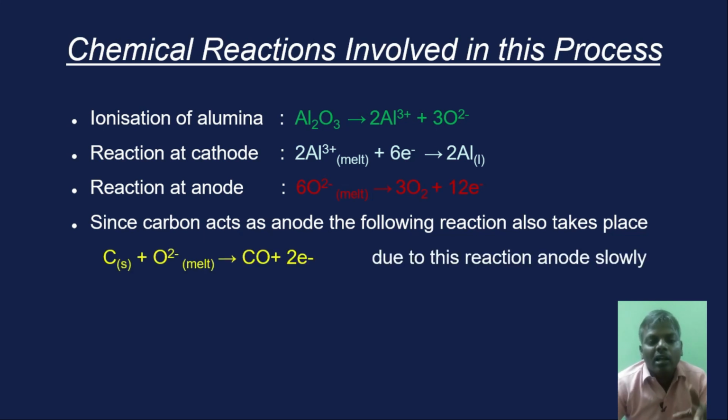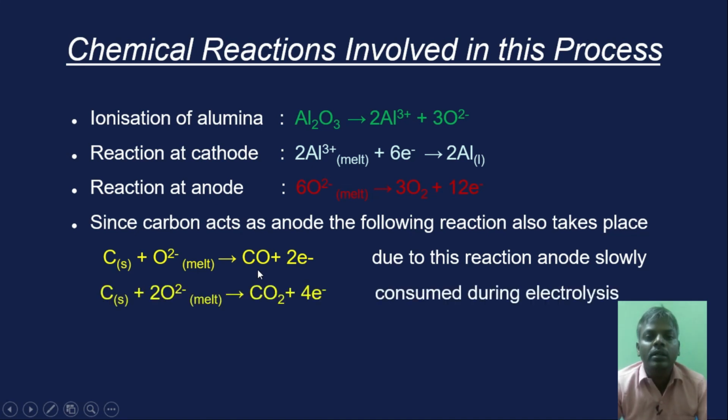The carbon present at the anode will combine with the O2- present in the molten solution and thereby become carbon monoxide. Also, the carbon will combine with 2O2- present in the molten solution and thereby become carbon dioxide.